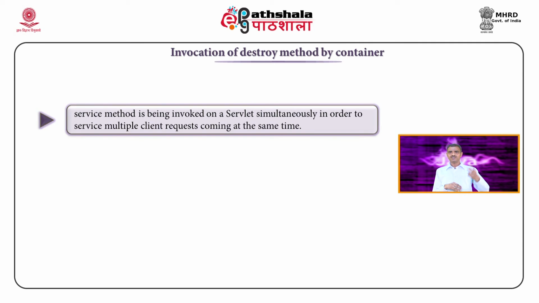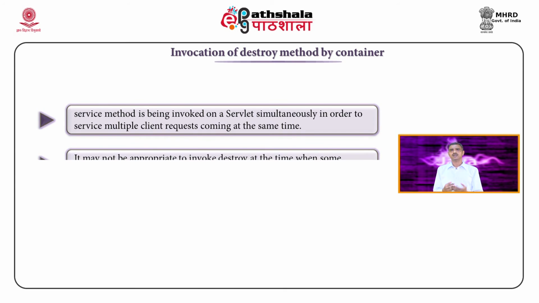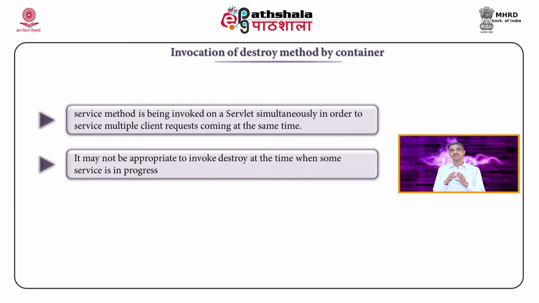Now, when there is a shutdown, or when the container says it needs to destroy this, the container normally has to try to ensure that there is no service currently active on this servlet before it invokes the destroy method. Because in the destroy method, we will be releasing all the resources which are required during the service method.